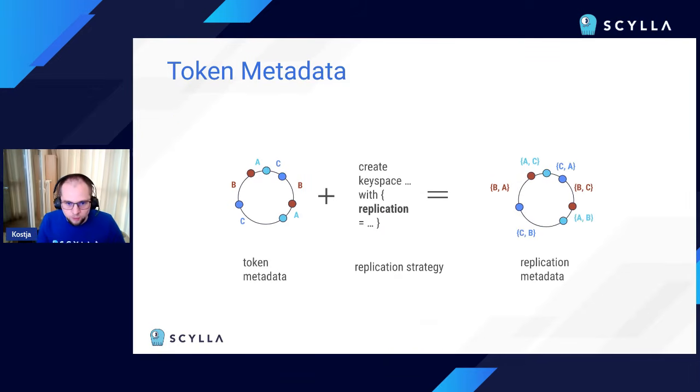So as I said, token metadata is very much connected to schema, because they together define the mapping between data and the nodes. Because you need to take into account not only the tokens that a node can generate and advertise, but also the definition of keyspaces and the replication factor, to properly know how to perform the right queries, and how to achieve the right quorum for your operations.